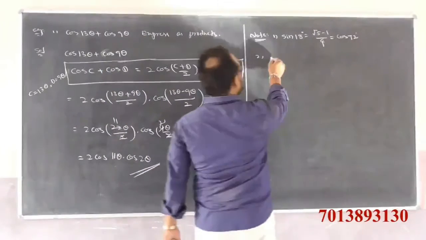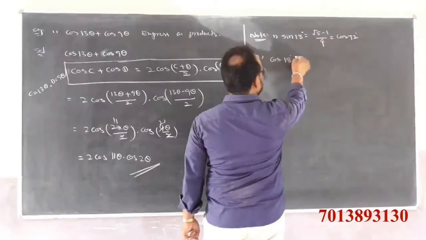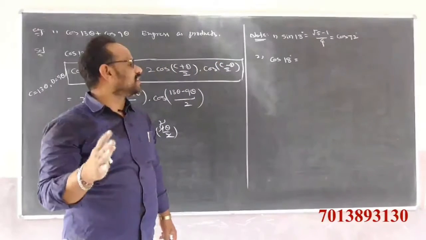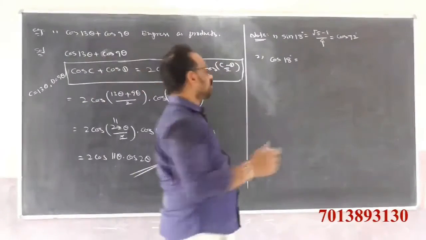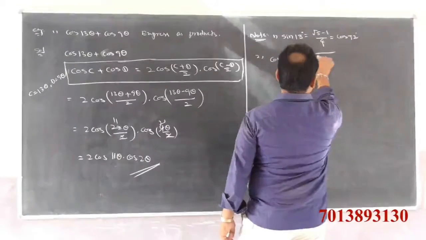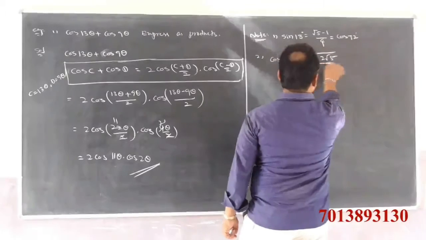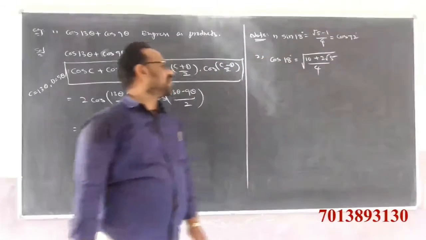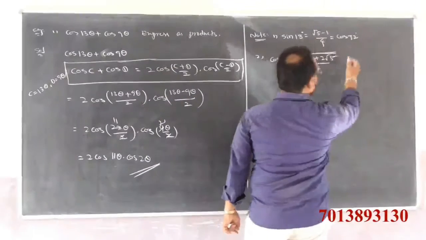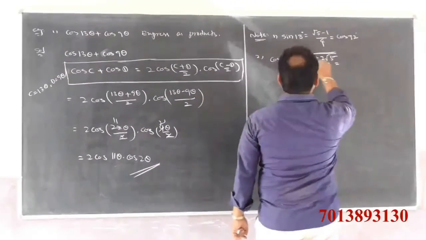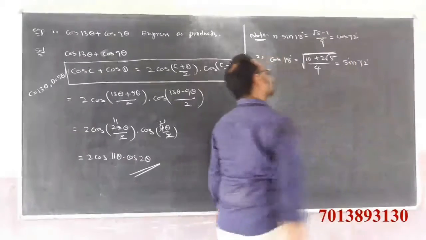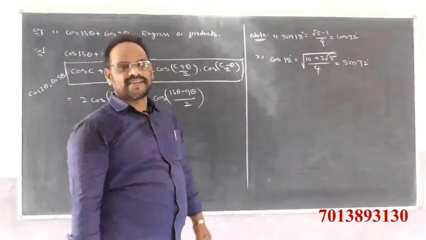Next, cos 18 degrees is square root of 10 plus 2 root 5 by 4, which is the same as sin 72.